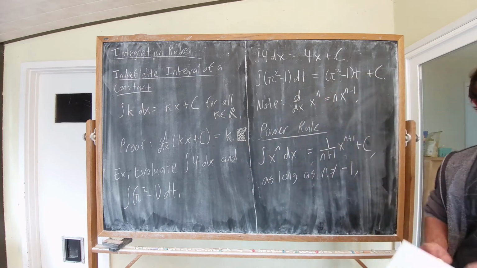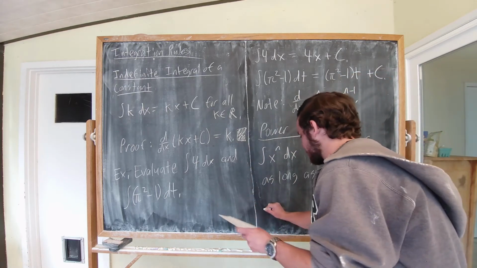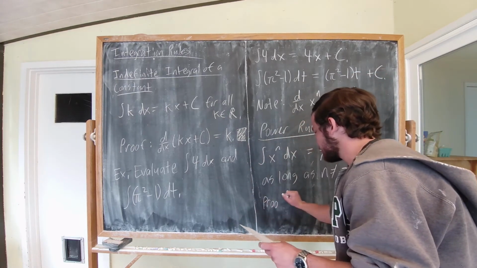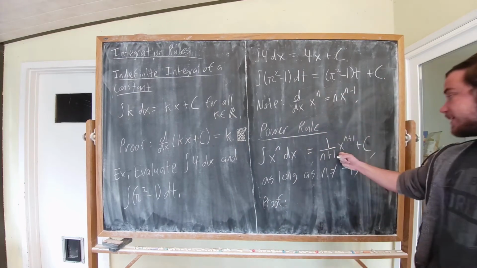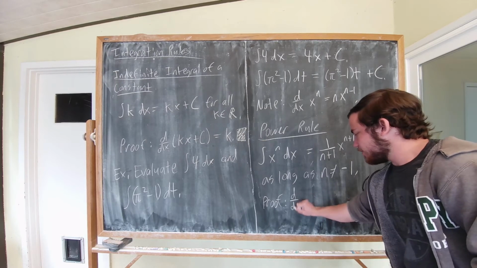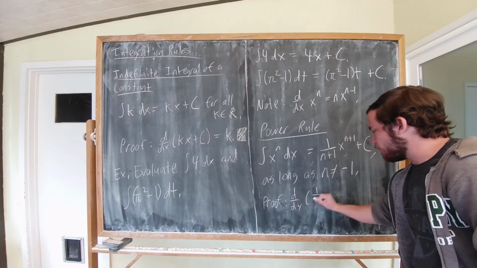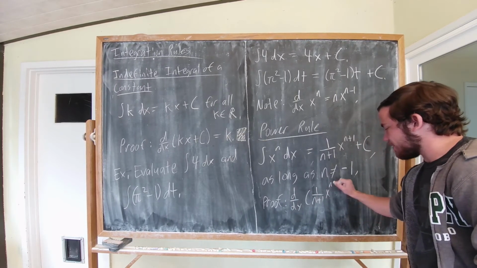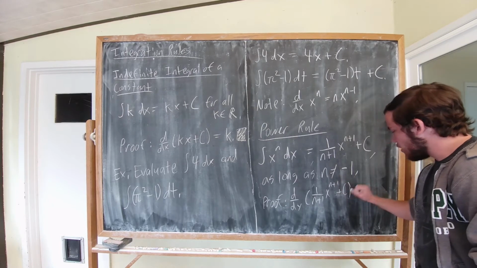All right, let's prove this formula. And again, we're going to prove it by taking the derivative of this side over here. d/dx of 1 over n plus 1, x to the n plus 1, plus c.